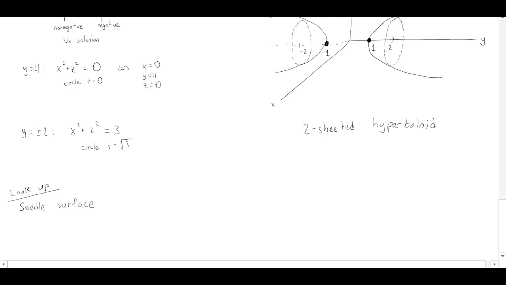Speaking of which, I did want to turn now to curves, with some examples of trying to visualize and sketch them. I'm going to open up a new window. So instead of looking at surfaces, we are looking at curves.